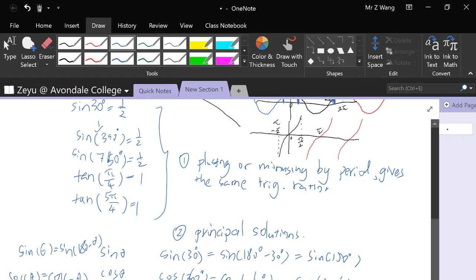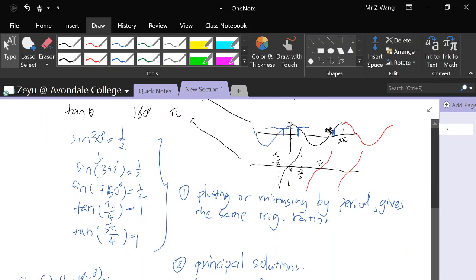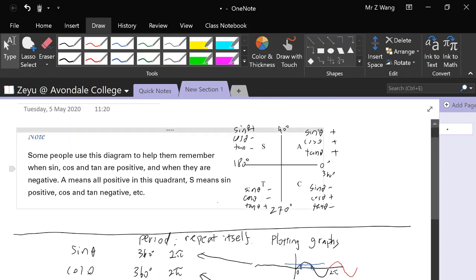This is the preferred way of working out a solution set of a sine equation. Let's see how this connects to the CAST rule. We know sine theta is sine of 180 minus theta, right? That's exactly why sine theta in the second quadrant is positive, because we're essentially talking about a symmetrical solution of sine.